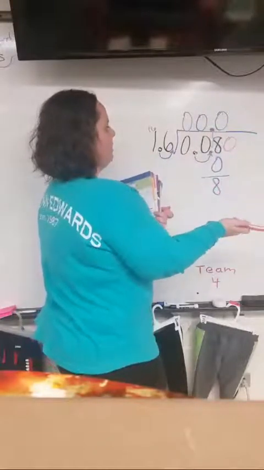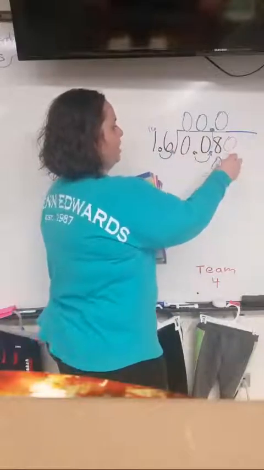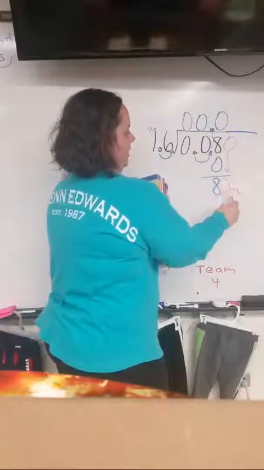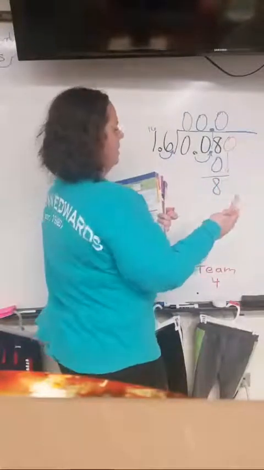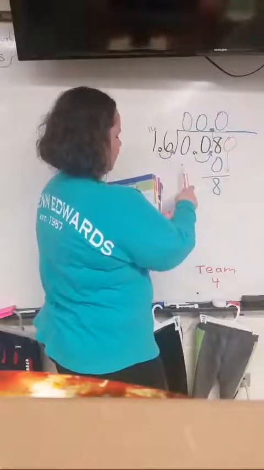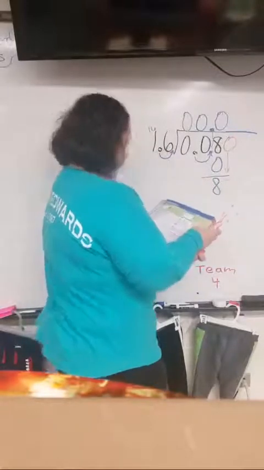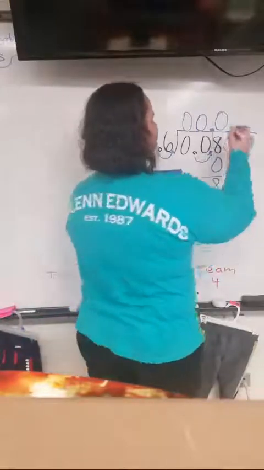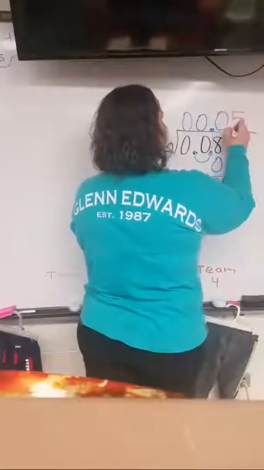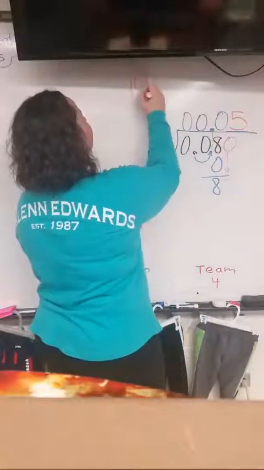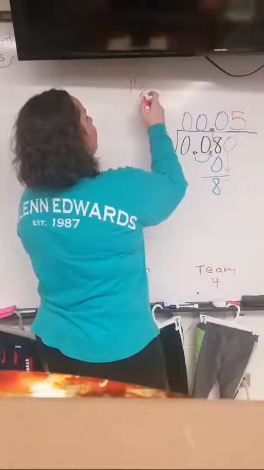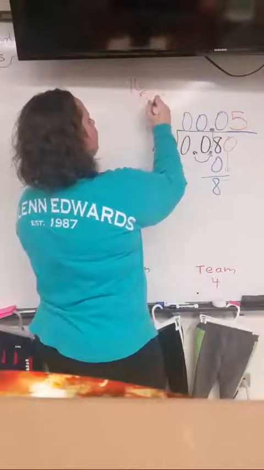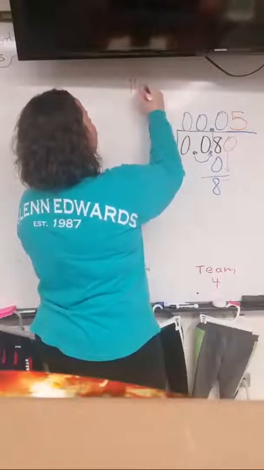So now what I do is I say, bring down my 0, because now it's there to be brought down, and I say, how many times does 16 go into 80? Right, yeah. And my answer is 5.